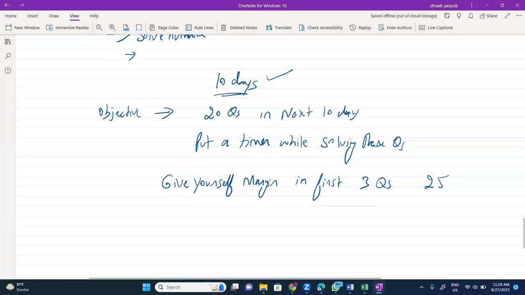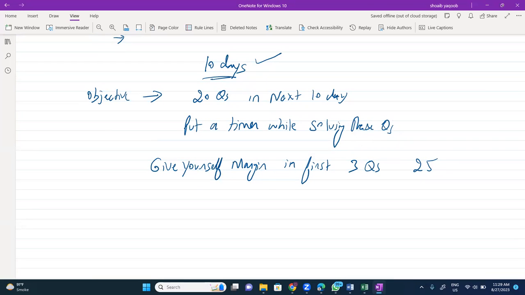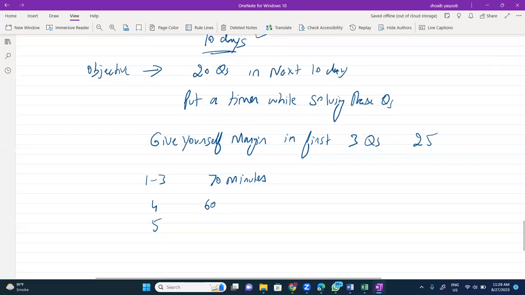Apply the learning curve. If you have taken like 70 minutes in the first 3 questions, your fourth question should be in less than 70 minutes, like 60 minutes. The fifth question should be less than 60 minutes, like 55 minutes. Your sixth question should be less than 55 minutes, like 50 minutes.